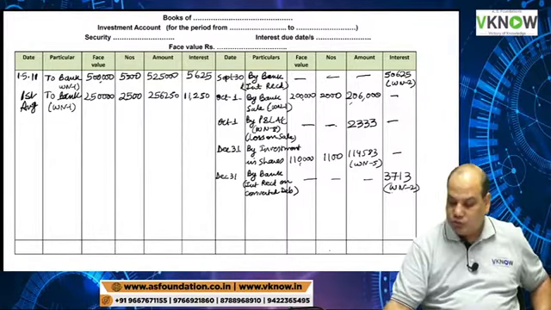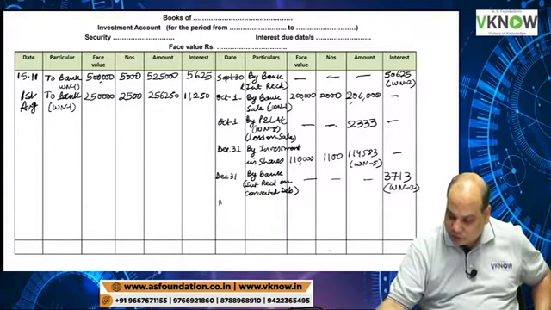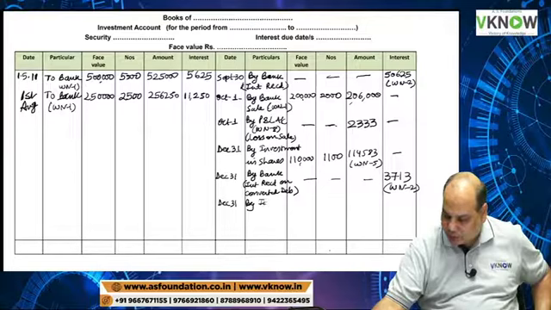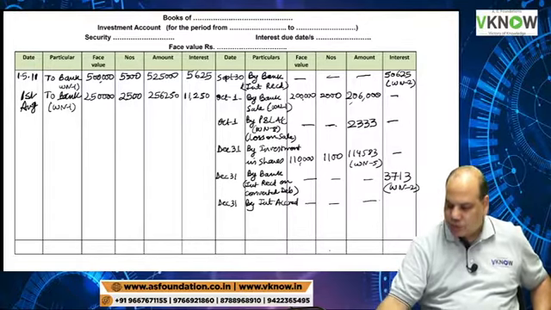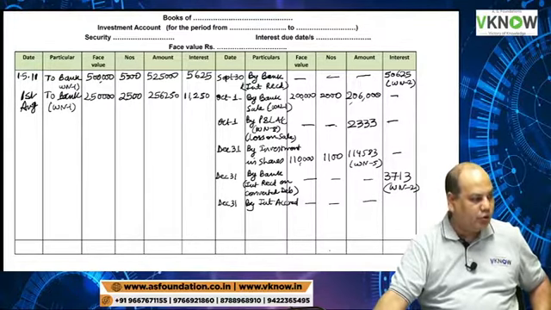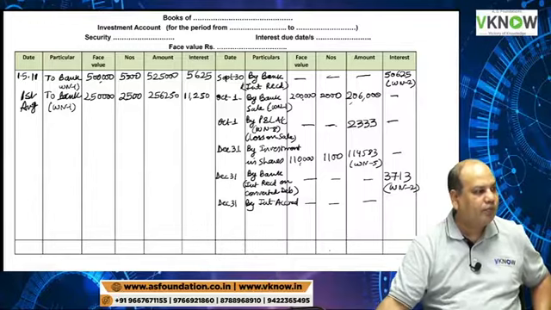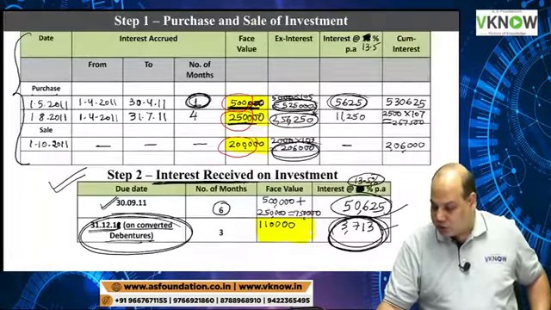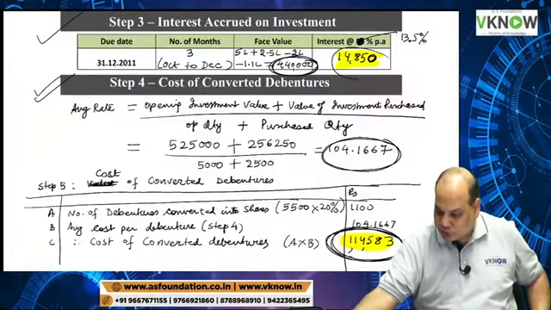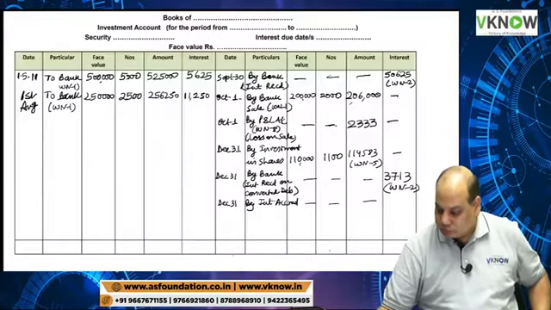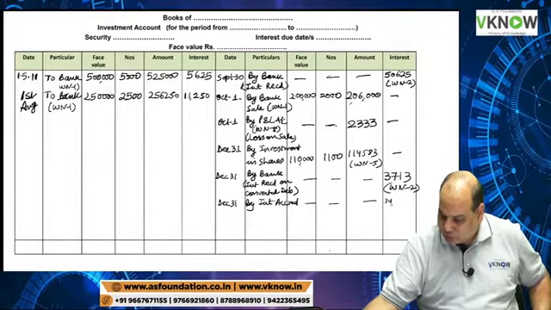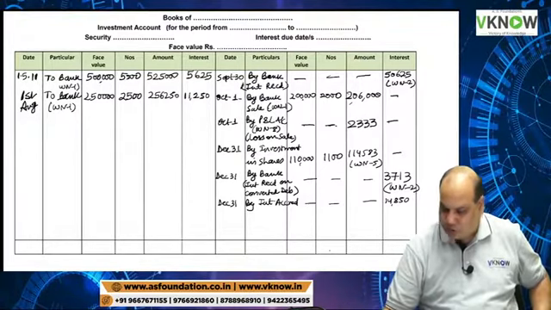And on December 31st, we also write by interest accrued, working note 3. Please go to working note 3 at the top: interest accrued 14,850.